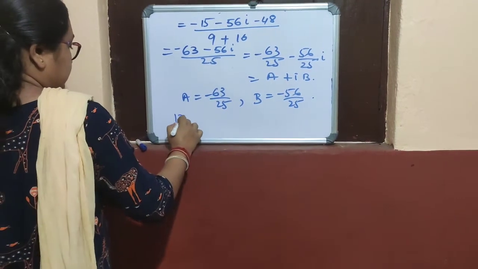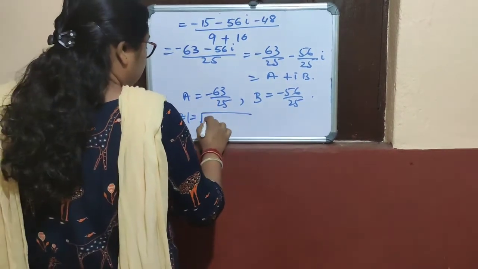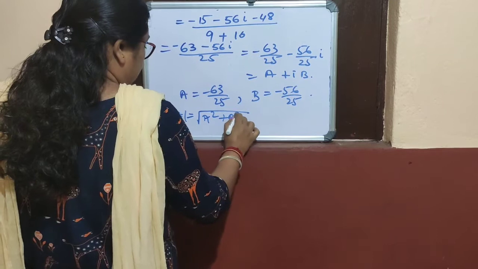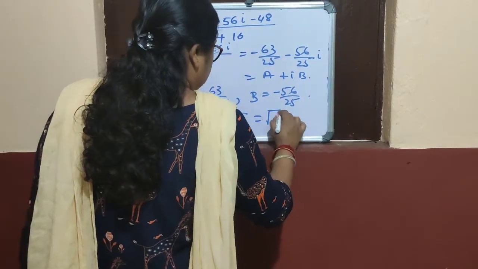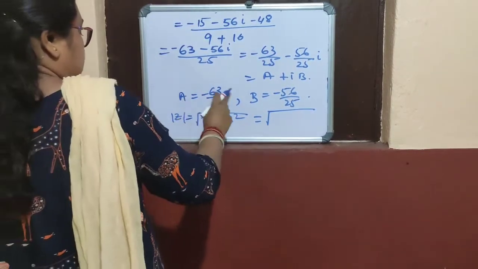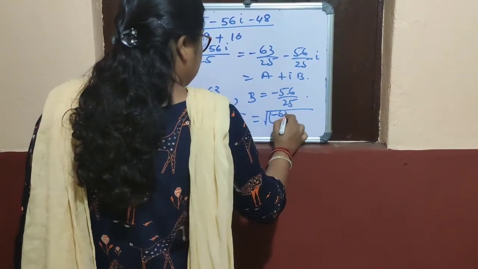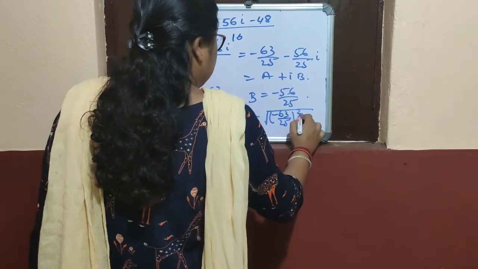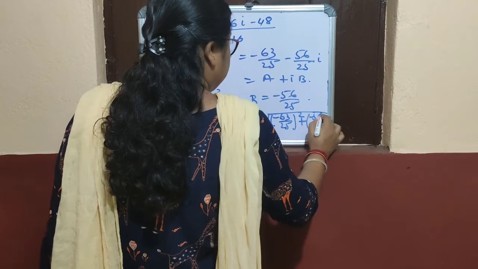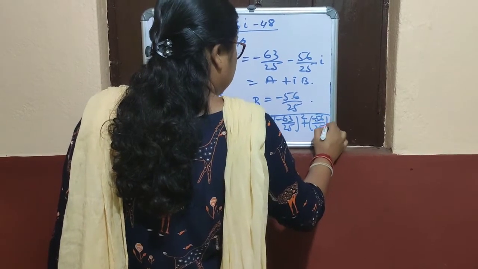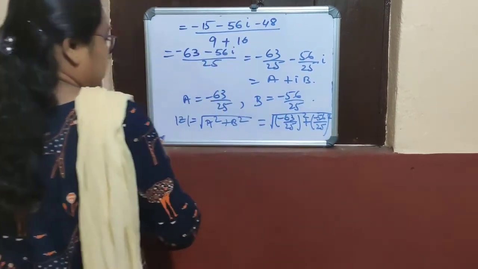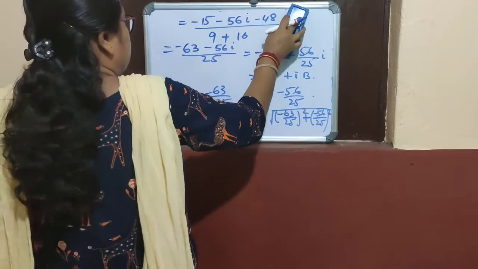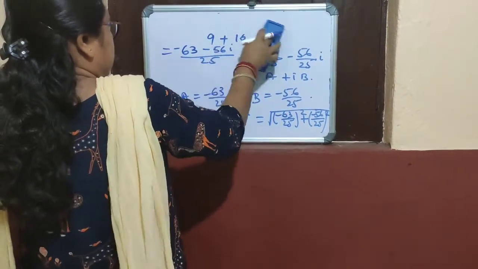Now the mod of z equals root over a square plus b square. The value is a square plus b square. This is equal to minus 63 by 25 whole square plus minus 56 by 25 whole square. Now calculate and find the result.